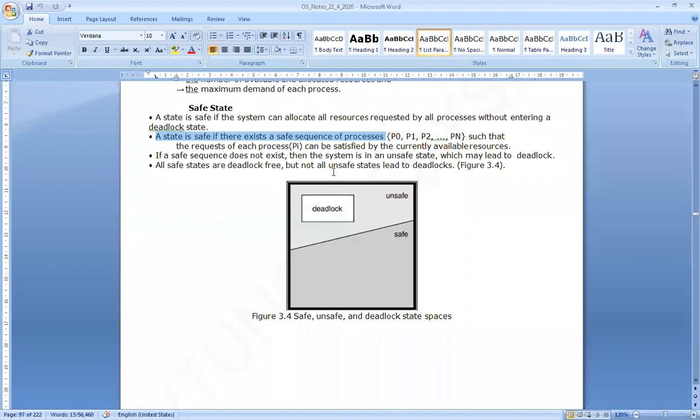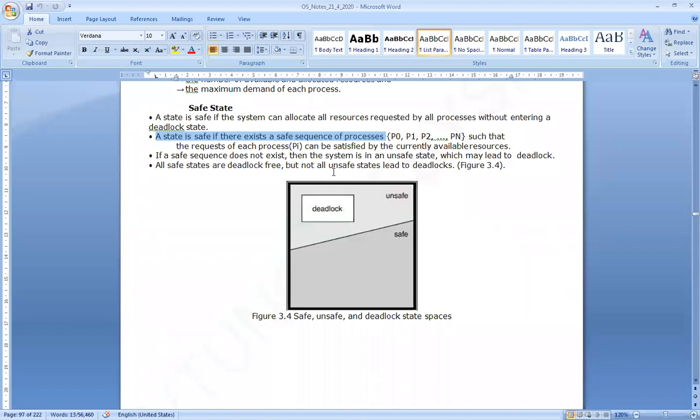Process P0 will execute because it has all the resources. Process P1 also executes because all the resources are available. Process P2 also executes because all the resources it requested are available, and Pn also will execute because all the resources it requested are available.